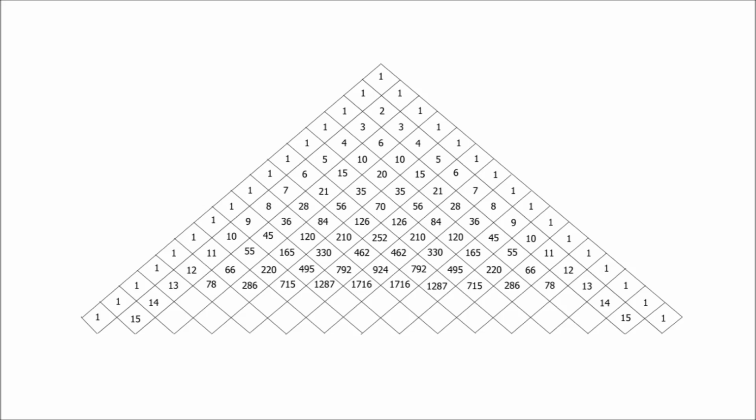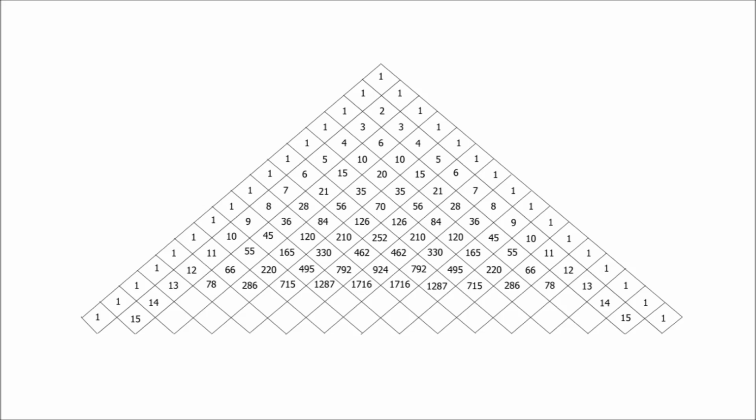And then 792 plus 924, well, 792 is 8 away from 800. So that's going to be 800 plus, now we need to take the 8 away from 924, so that's 916. So we're adding 800 and 916 to get 1716. Okay, so that's that row sorted.